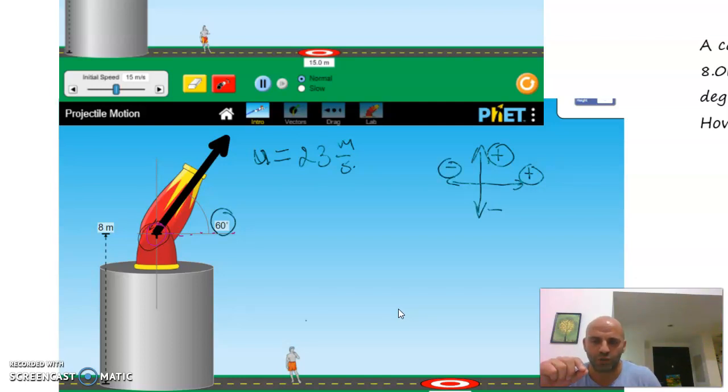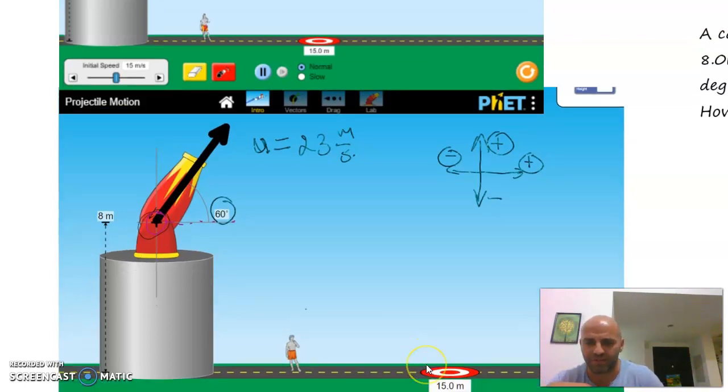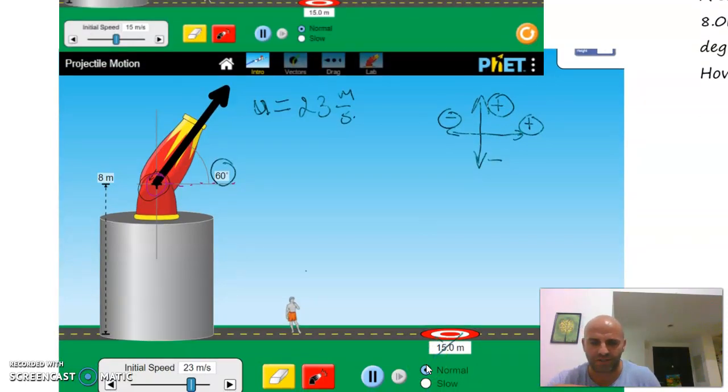So just looking at the data we've got here, that distance there, 15, means nothing because that's just the default setting on the simulator. But you know that you're going to have an x component and a y component, so your ux is going to be here, and that's clearly positive, and your uy is going to be here, and that's clearly positive as well, because this one's pointing to the right, this one's pointing up.